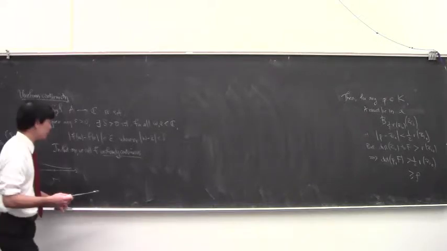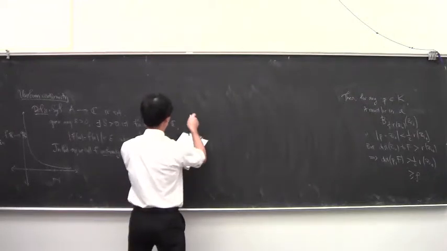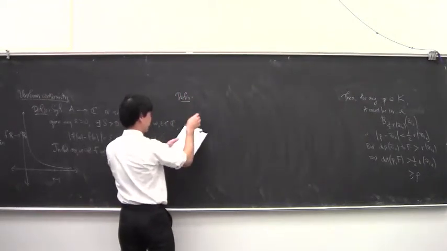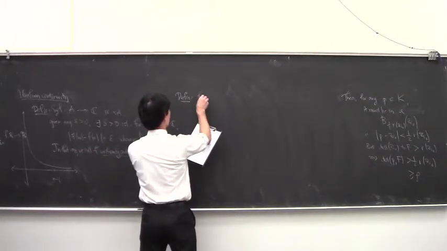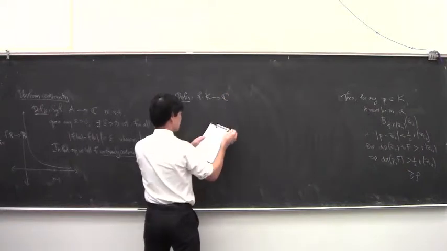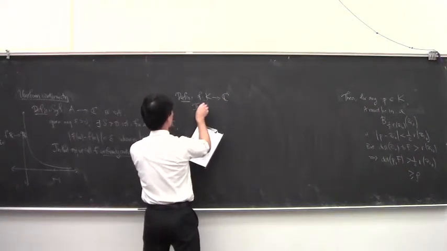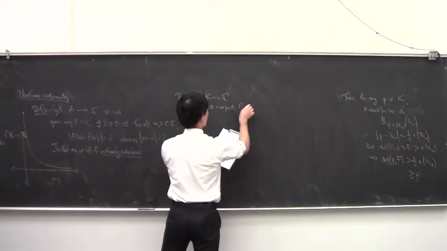Okay, and it turns out that you can guarantee uniform continuity by requiring compactness of the domain. So, a function from K to C, K is compact, and f is continuous.